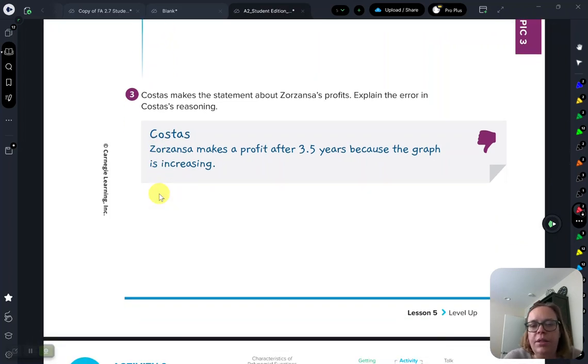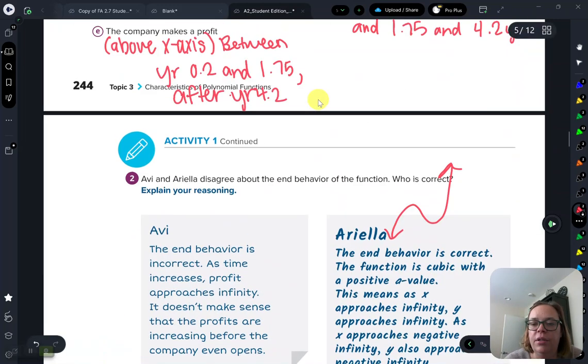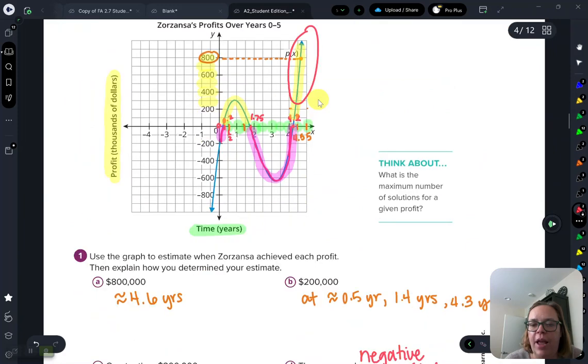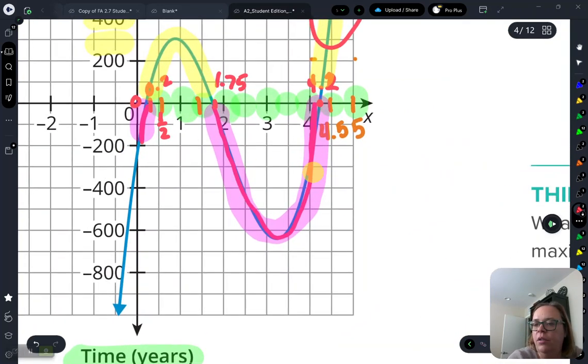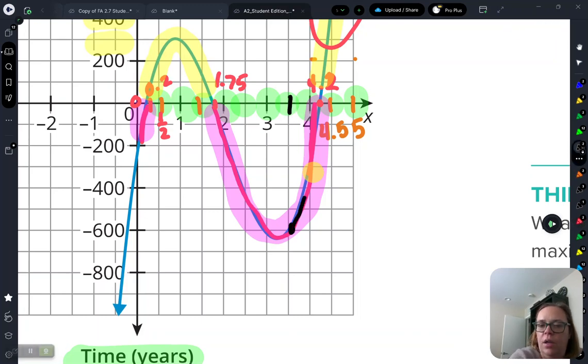So Costas makes this statement about Zoranza's profit. Explain the error in Costas' reasoning. Zoranza makes a profit after 3.5 years because the graph is increasing. Let's go ahead and take a look at what happens at 3.5 years. Okay, so 3.5 years is here. Well, is that a profit?